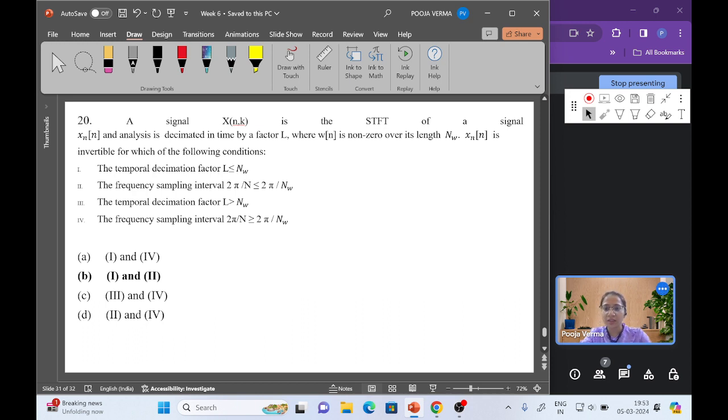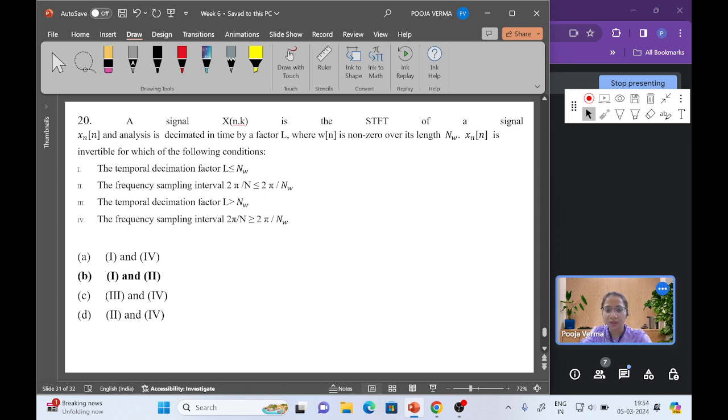A signal X of n, k is the STFT of a signal x of n, and the analysis is decimated in time by a factor L, where W of n is non-zero over its length N_W. X of n is invertible for which of the following conditions?